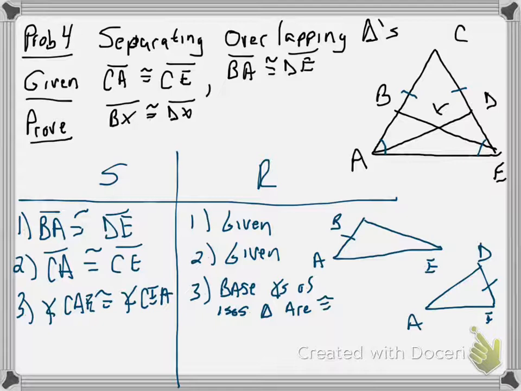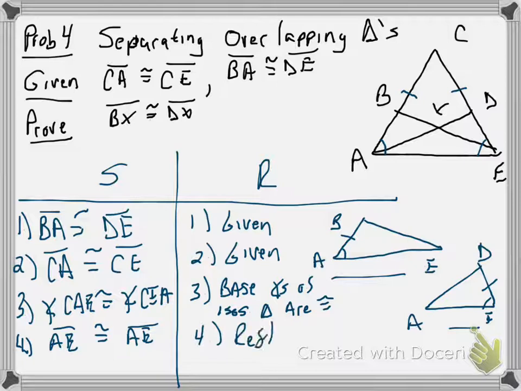What does that give me? Well, that gives me this angle congruent to this angle. So we have those angles, and we need another piece there. Again, I'm out of givens, so what do we do? We call a best friend. See how this is AE and this is also AE? We can say AE is congruent to AE by reflexive property.